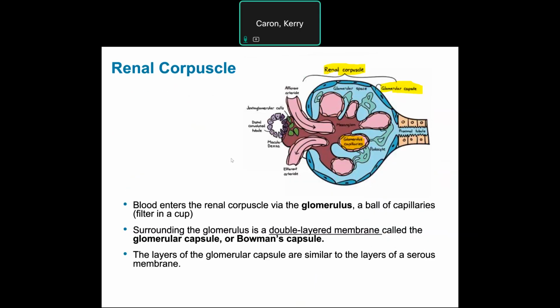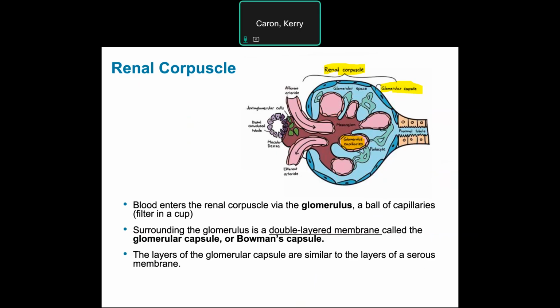The renal corpuscle. Blood is going to enter the renal corpuscle via the glomerulus. That's a fun word. The glomerulus is a fancy word for a ball of capillaries, and it's going to filter in a cup.